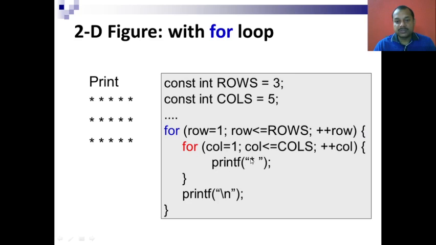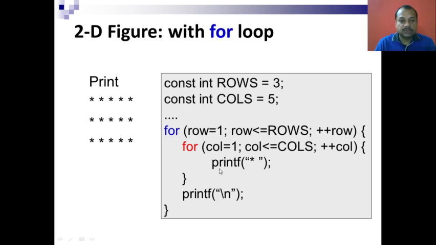Now printf star space. Again you see that although there is only a single statement, I put that one inside the braces, and this will give me the confidence that this part is for the inner for loop. And after the execution of this inner for loop is over, then I will come out and print a \n to move to the next row.